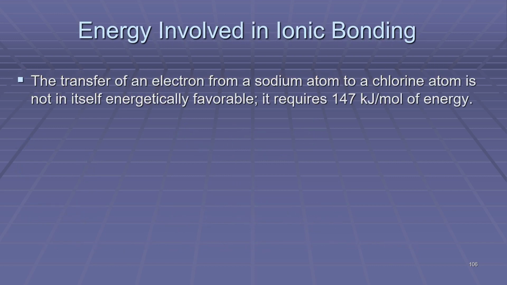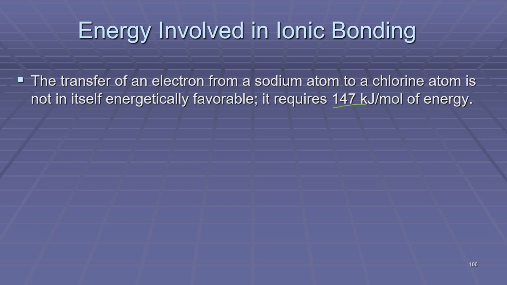As I said a minute ago, the energy required to take an electron and transfer it from a sodium atom to a chlorine atom is 147 kilojoules. You would think that doesn't seem right, since it wants to be more energetically stable. Why would it happen if it requires energy?